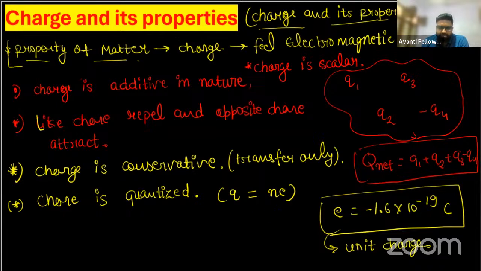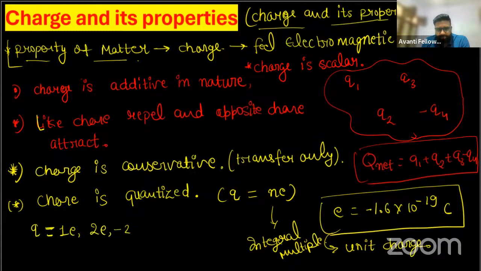Okay. This N here is an integer or integral multiple, which means charge can only be possible in these formats: 1e, 2e, minus 2e, minus 5e, 4e.